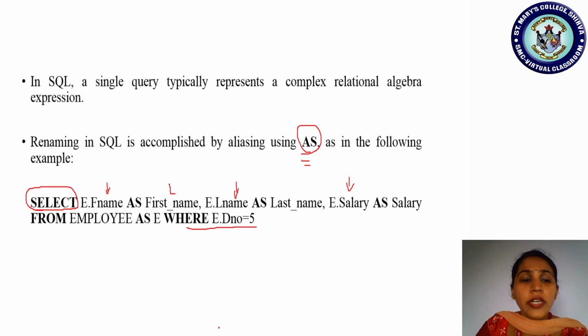Then from which relation? FROM is a keyword. From which relation we want to do all this? We are applying it for the employee relation. Is that clear? Now you are also finding AS, right? Yes, AS is what is used to rename. It is used to rename the attributes and the relation name also.